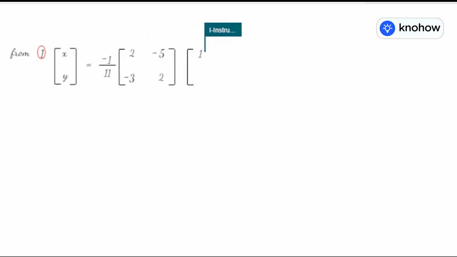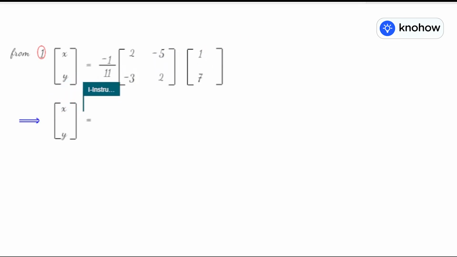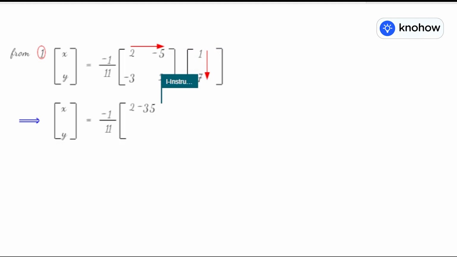So take the product with the constant matrix, keeping for the time being minus 1 by 11 as such. First take the product. You know how to take the product? Row to column. So it is 2 minus 35, and then you repeat the process with the second row to the column, and you will get negative 3 plus 14.